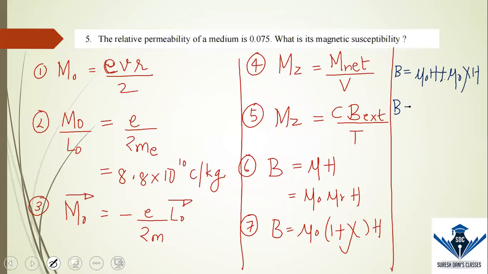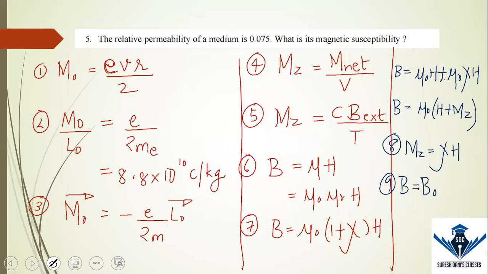B is also equal to mu naught, if we take common, H plus mz, magnetization, because magnetization also has a formula, that is chi times H. So just revisiting it for you to remember. This is nothing but as good as writing B is equal to mu naught H, which is due to air, plus mu naught into Mz. That means if we put any material, a ferromagnetic substance or any magnetic material, then it becomes Bm, right? So this is some of the formulas.